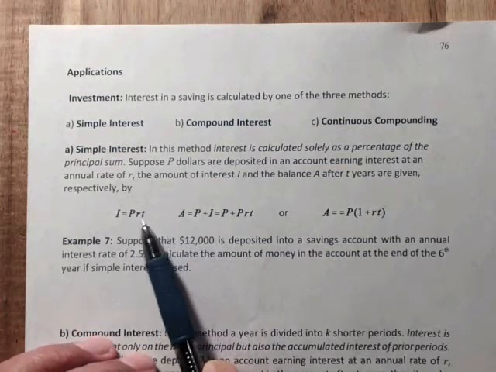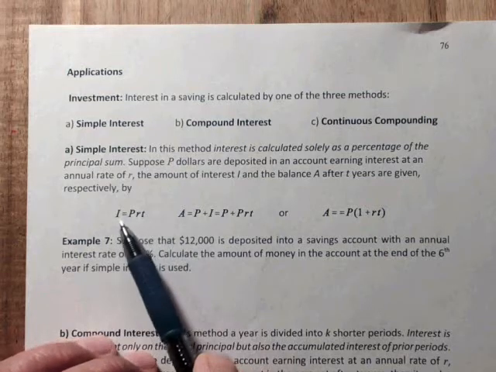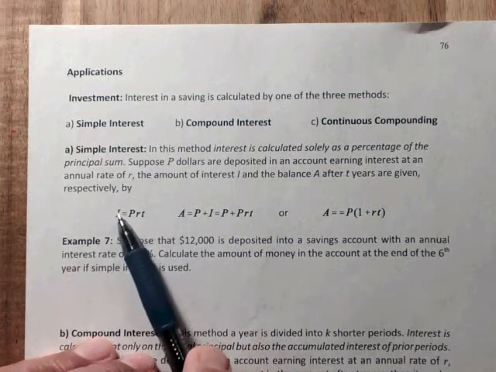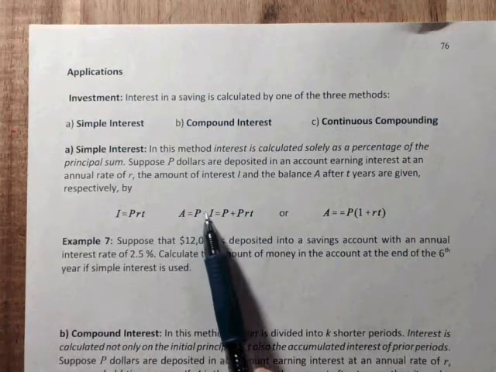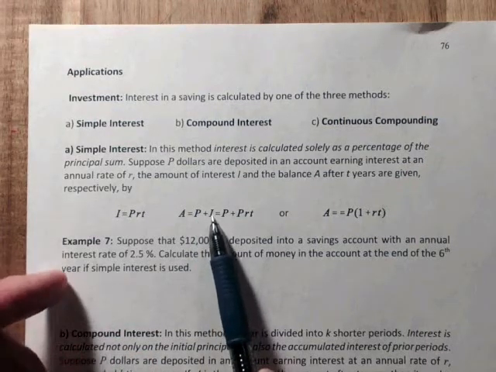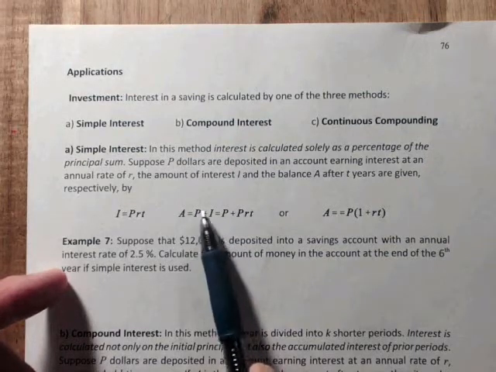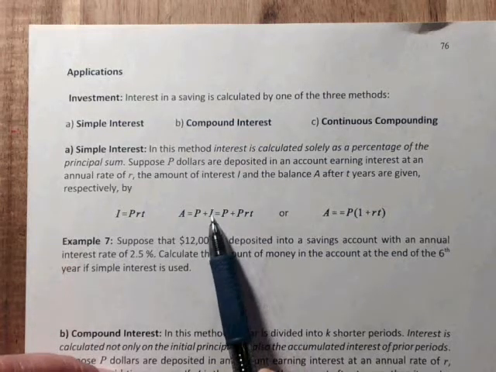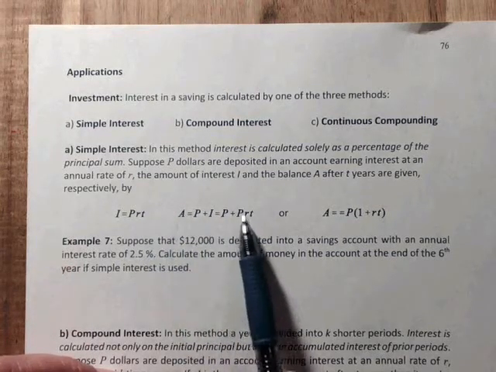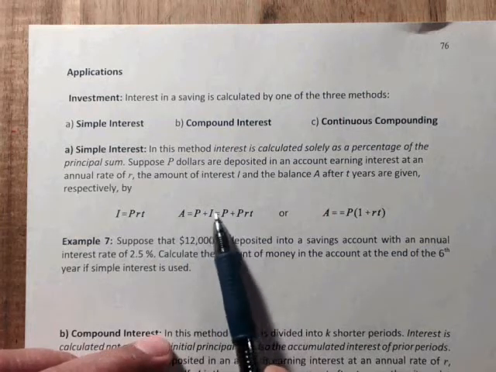And then if you want to know what your balance is, you add whatever amount of interest you got to whatever you started with. So you started with P dollars, now you made I dollars, so the new balance is P plus I. But I is PRT, so we can add those two.